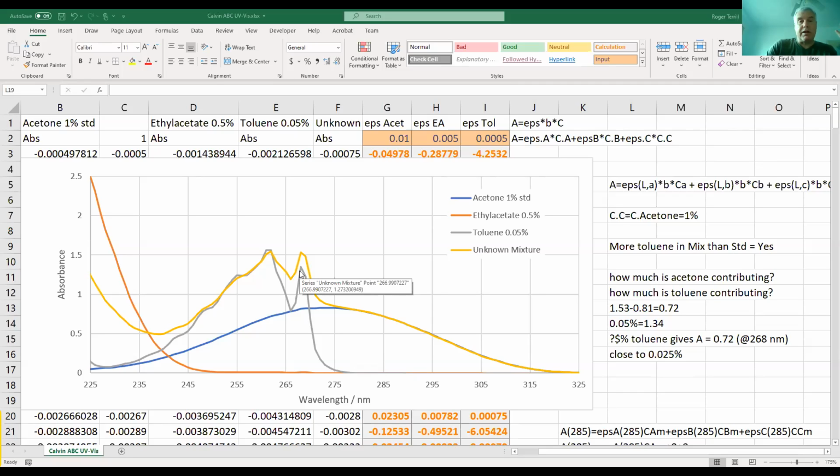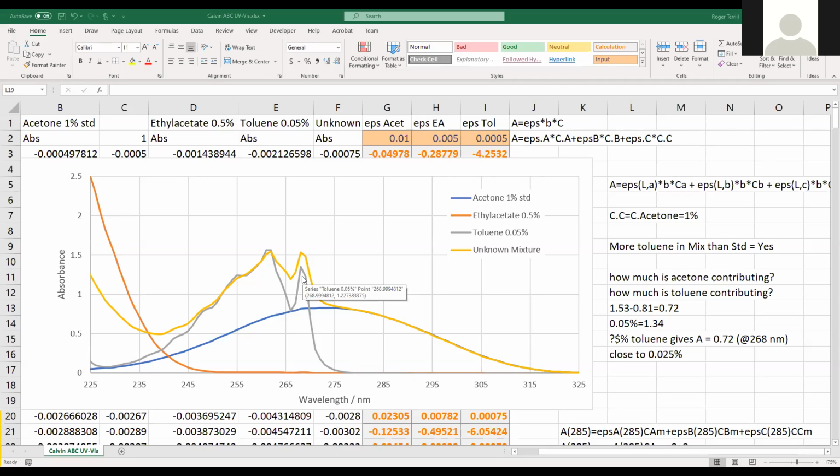Because 0 times 0 equals 0, right? There's no information. But if we want the concentration of component B, we can use 268 nanometers here because of what important fact, Leo?